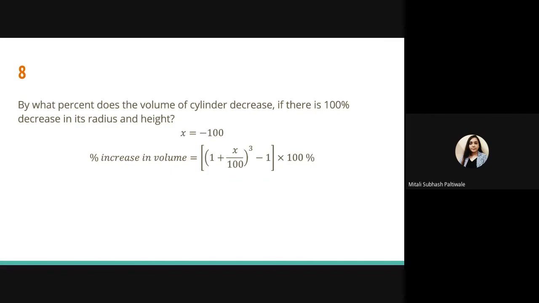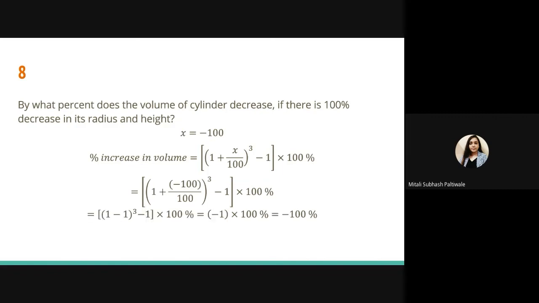So percent change in volume would be (1 plus x by 100) to the power 3 minus 1, which is nothing but this one. After putting in the values, the answer has to be minus 100%. Okay, minus 100% is the right answer for this question.